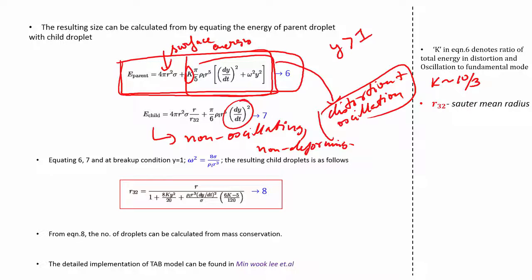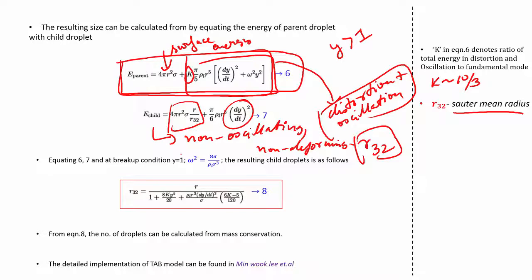This particular component comes from the kinetic energy of the droplet, because as it atomizes it spits out the droplet, and on the other hand this energy comes from the corresponding surface energy. R32 that you see over here is called the Sauter mean radius. There is a Sauter mean diameter, and this is the Sauter mean radius.